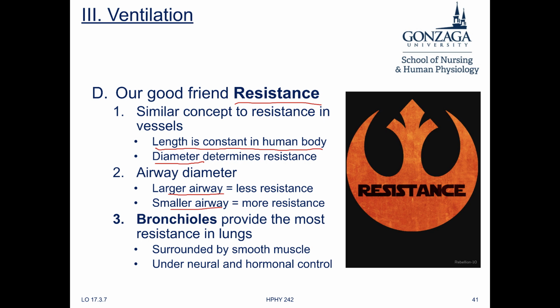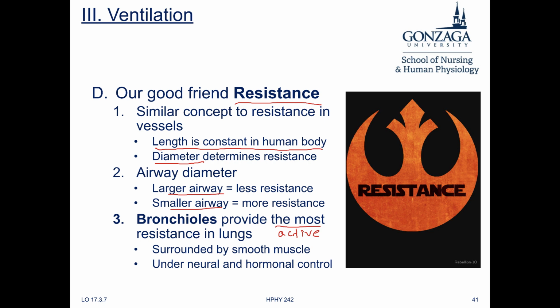Now, in the lungs, the bronchioles are the site where they provide, I shouldn't say, this is technically incorrect, and you can ask that question in class why it's incorrect, but the bronchioles are the site of, what I should say, the most active site of resistance in the lungs.